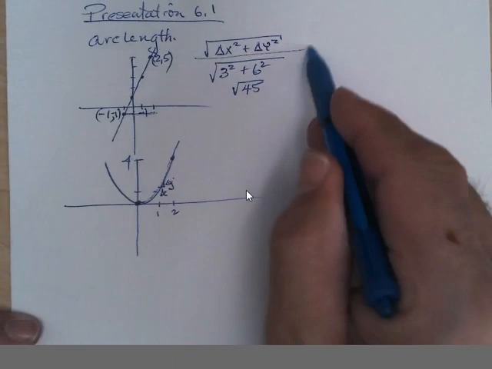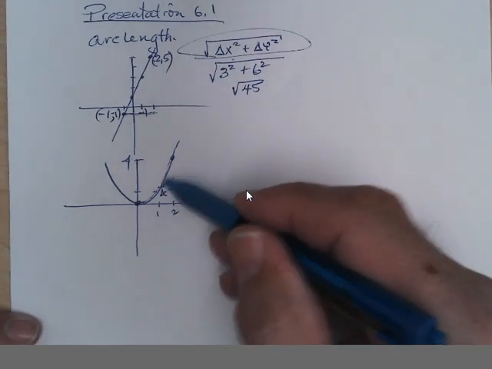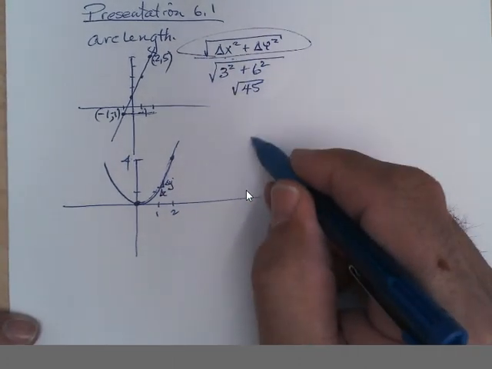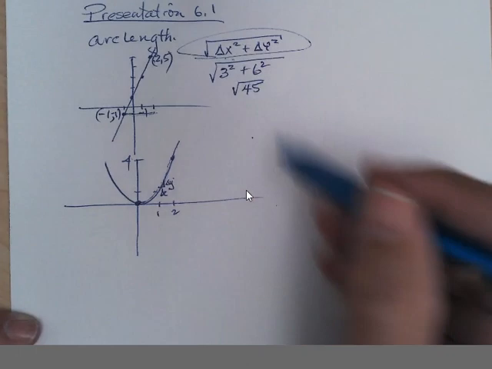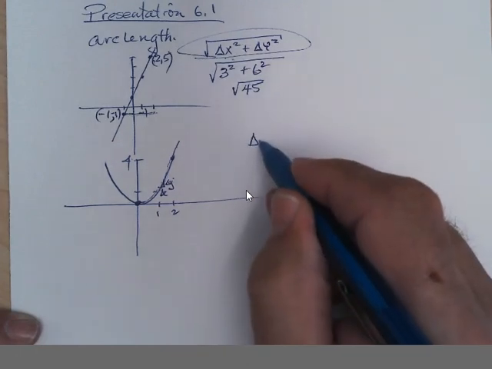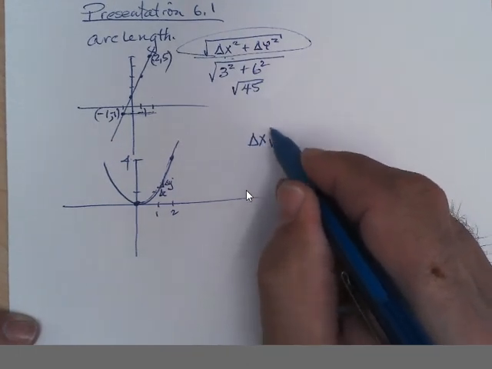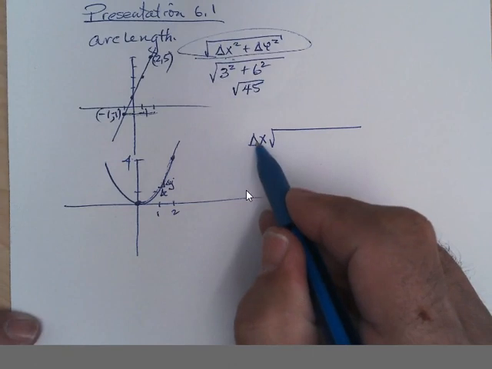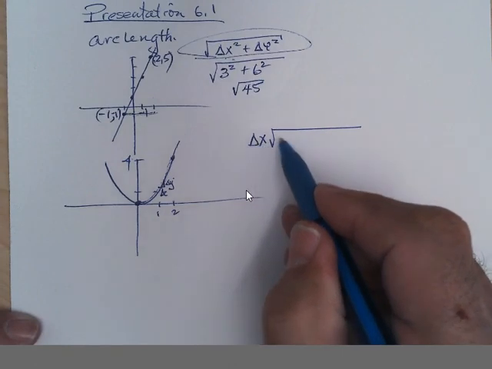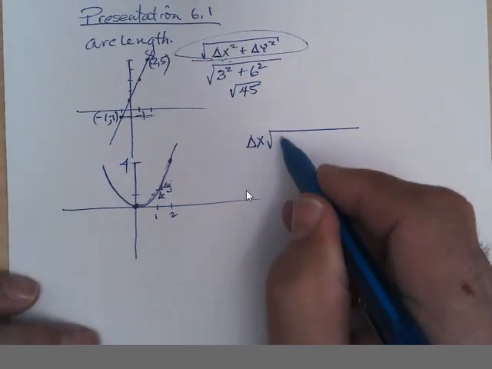So if I take this formula for doing little short lines, and I factor out a delta x, then delta x inside would be delta x squared, so outside it's just delta x.